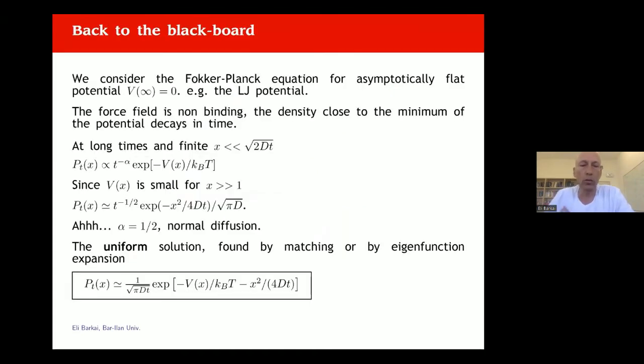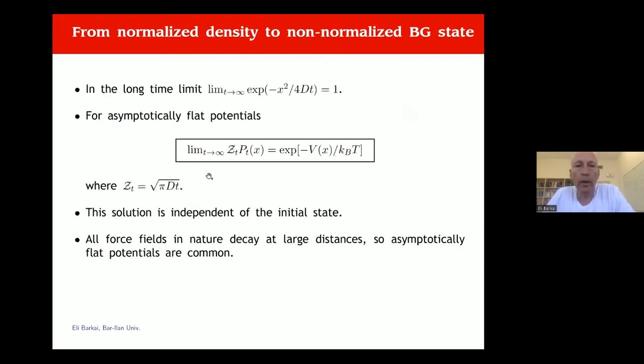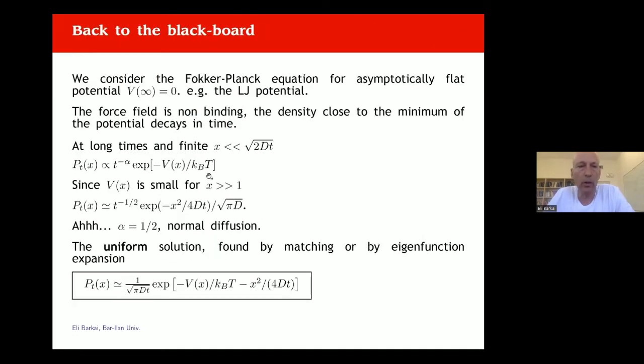So to start to see this, let us consider again the Fokker-Planck equation. And again, the potential at infinity is 0. Then, hand-wavingly, I'm going to look at position x, which is much smaller than the length scale of diffusion, which grows in time. And then I want to claim that this is the solution.